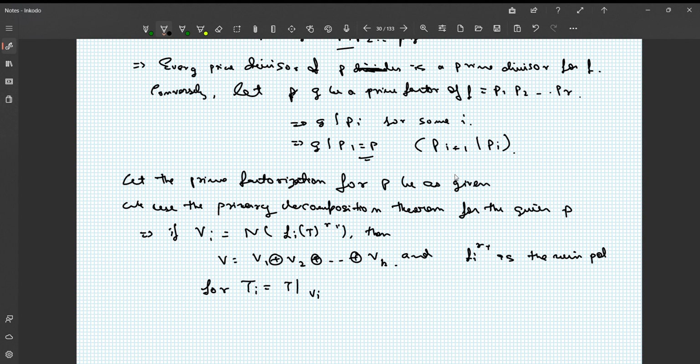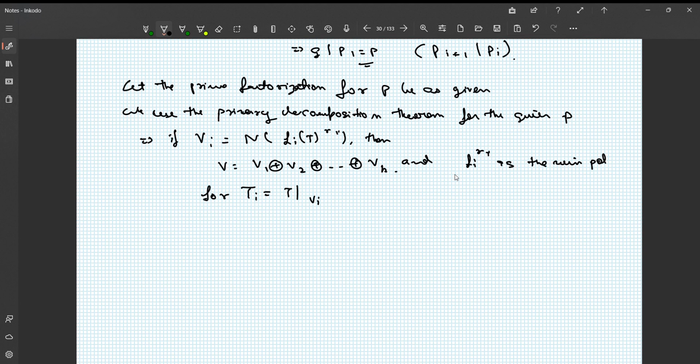Okay. So now what can we say? What did we have in part 2? Part 2 said that the prime factors of P and f are the same except for multiplicities.